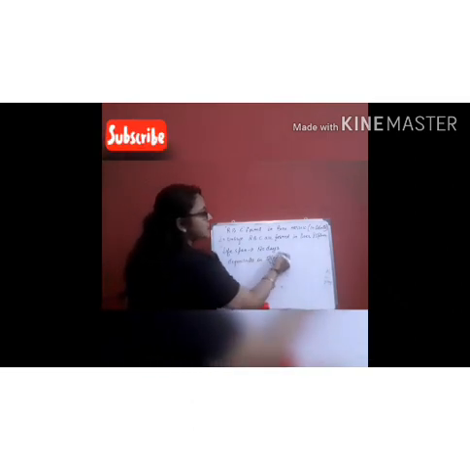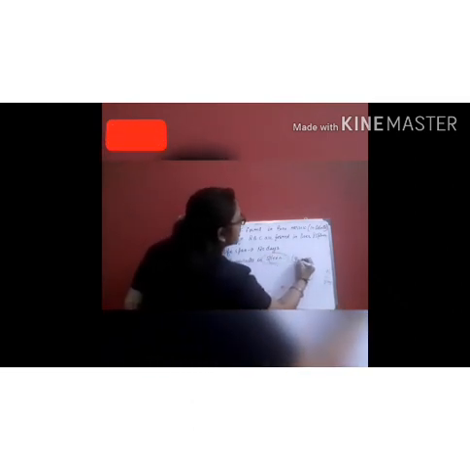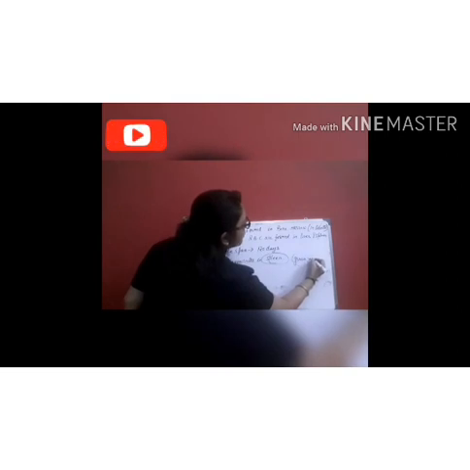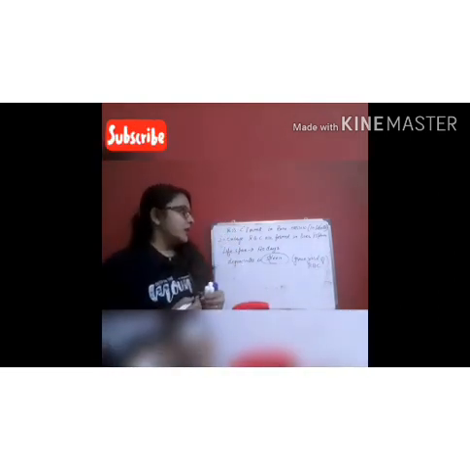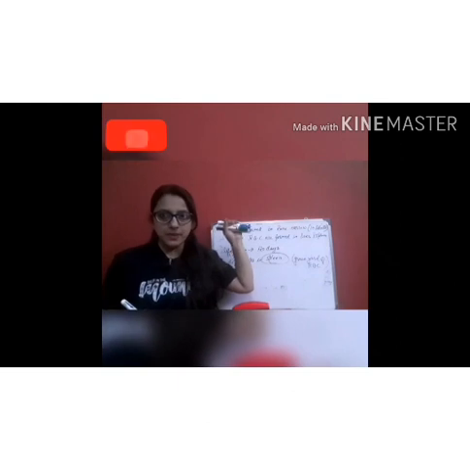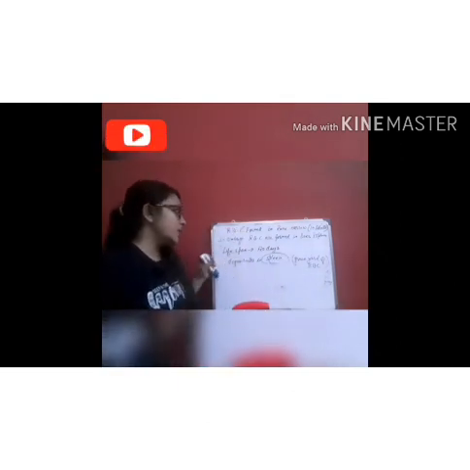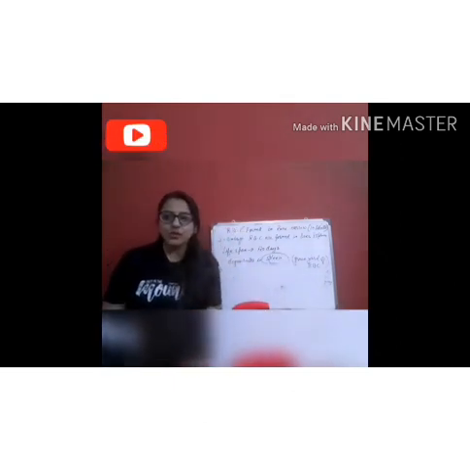That is why the spleen is also called the graveyard of RBC. This is also one marker question: where is the graveyard of RBC? That is the spleen. I hope you understand, students.